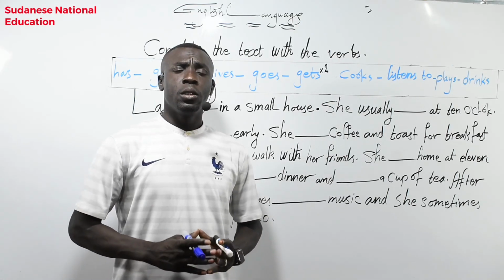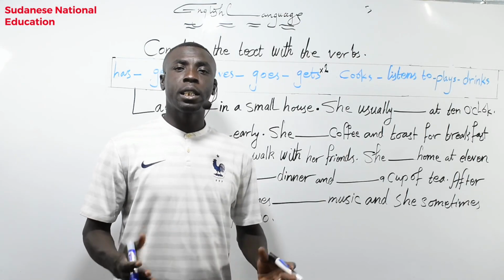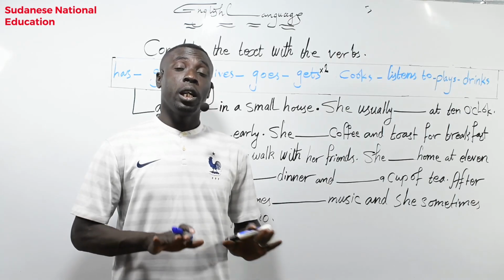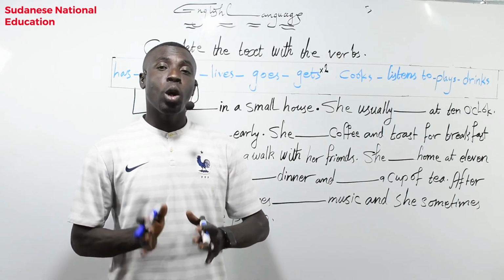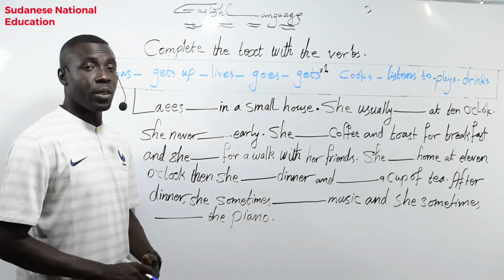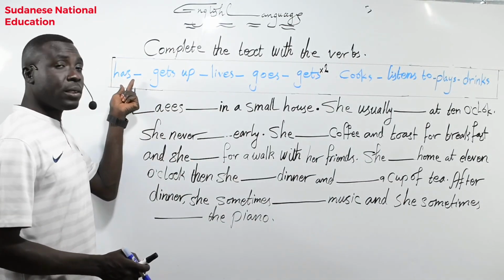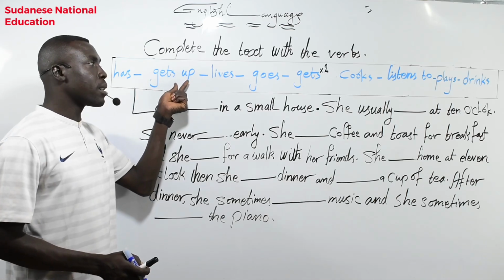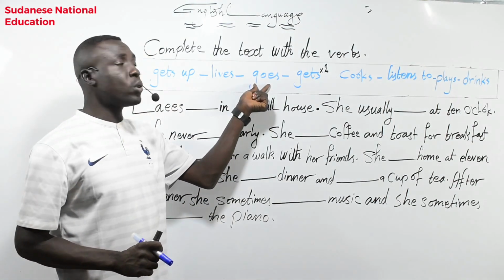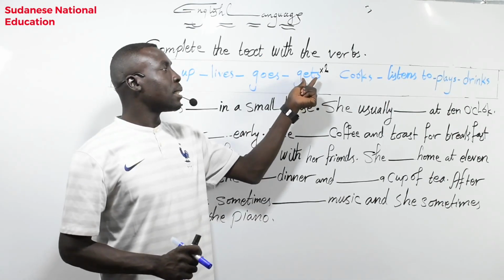Let us see this text and put the verbs into the gaps to have a complete sense in the sentence. So we have the verbs: has, gets up, leaves, goes, gets.